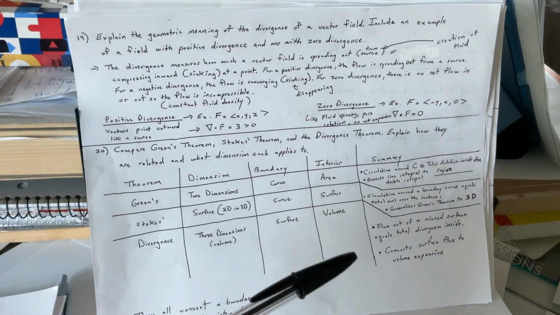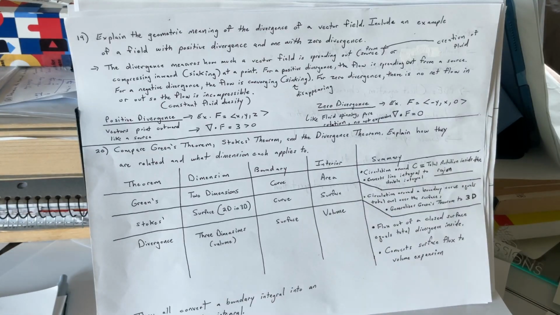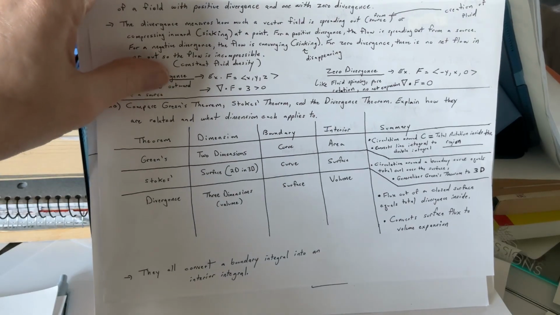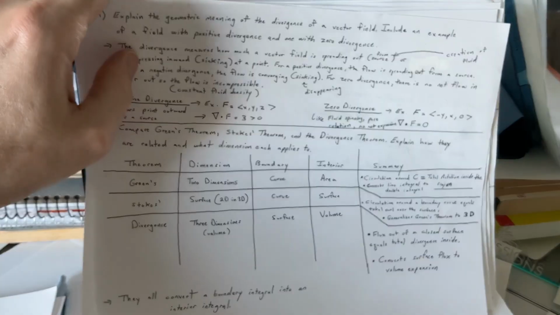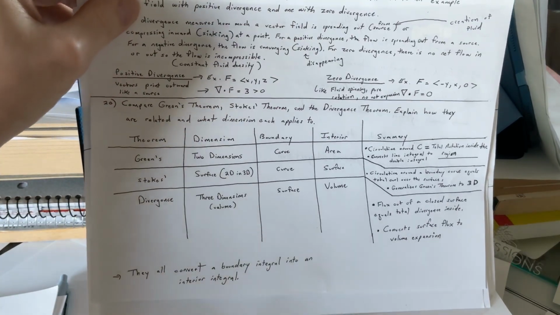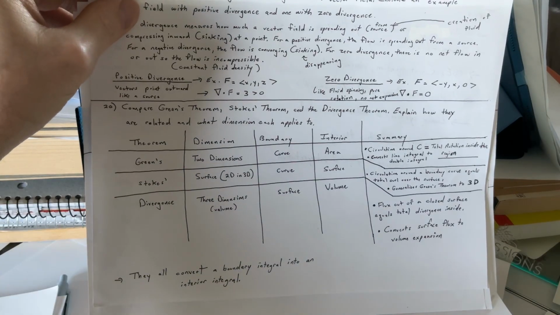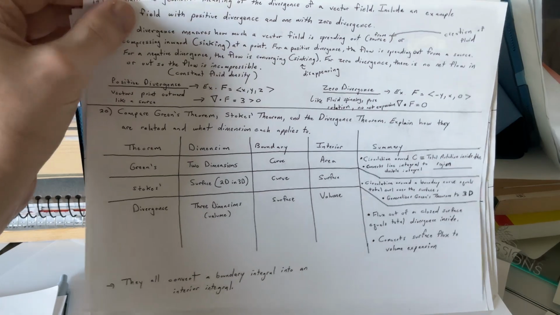And what that does, it converts the surface flux to the volume expansion. Okay, so that's what the divergence theorem does. And one more note, okay, they all convert a boundary integral into an interior integral. So that's at the bottom here. They all convert a boundary integral into an interior integral. So that's important to note.